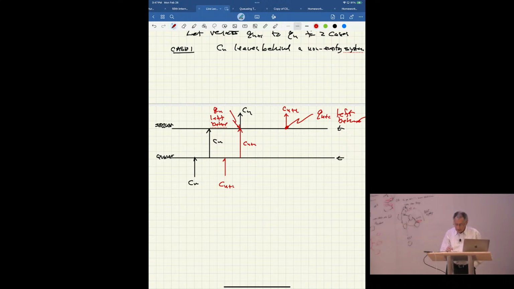Service time here is xn plus 1. And I guess I should do this in green now. Let me mark. This is a dashed line, actually.